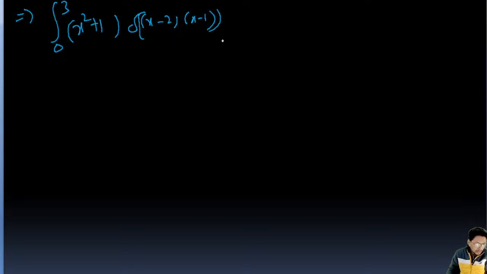Okay, this is the one. So here we know the property. This property I'm writing again. The property is del x minus a into x minus b.